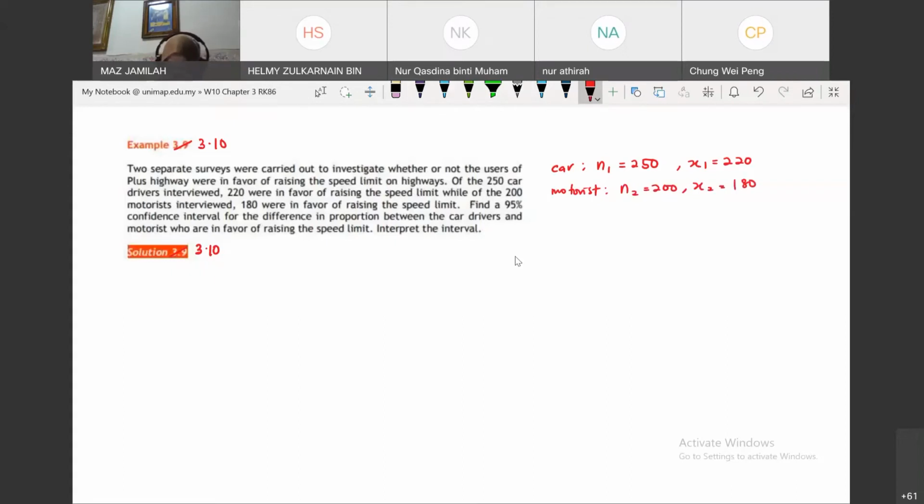Find the 95% CI, alpha 0.05. In this case, it will be simple. Before we start, find P1 hat, that will be 220 divided by 250, and then you will get 0.88. And then P2 hat is obtained by 180 divided by 200, and you will get 0.9.